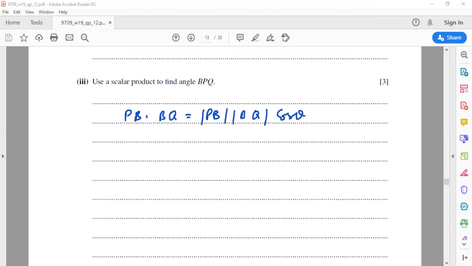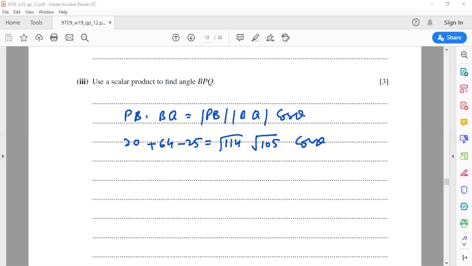By taking the scalar product, we see 5 times 4 is 20, and then 8 times 8 is 64, and minus 5 times 5 is minus 25. And for the magnitudes, we have already found that PB was square root of 114, and this was square root of 105, times cos theta.